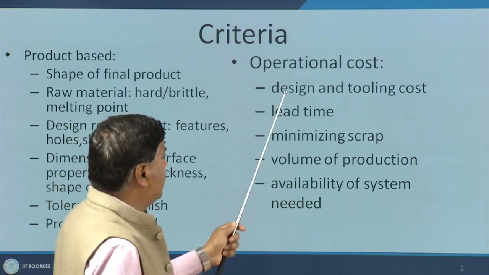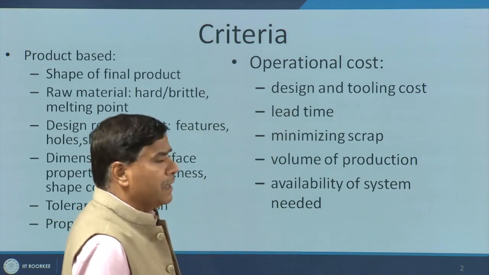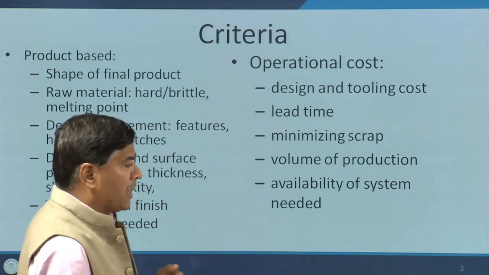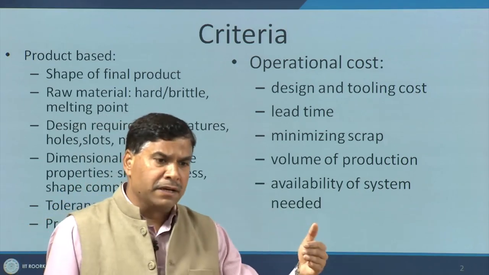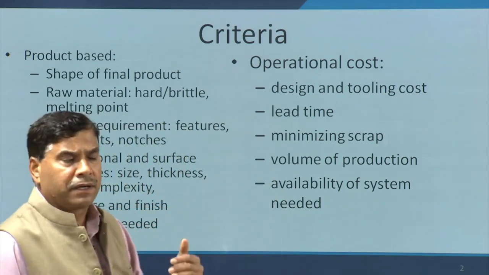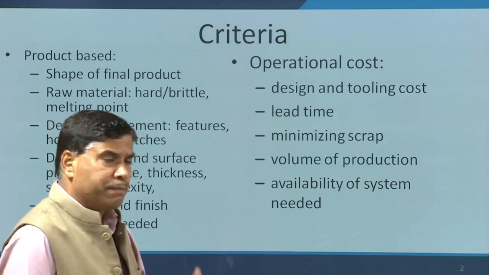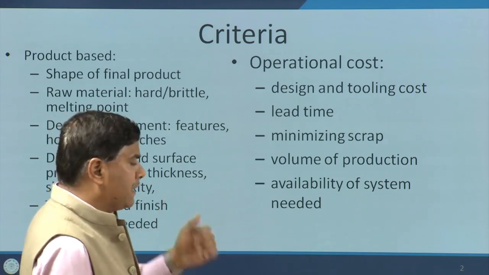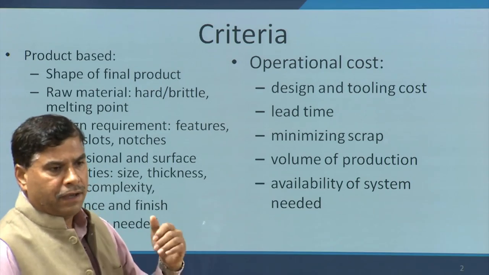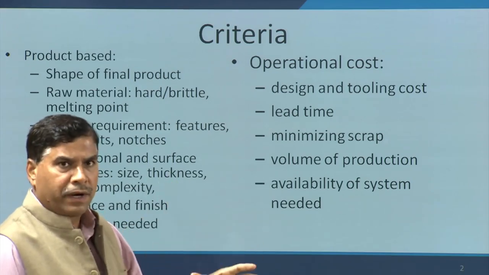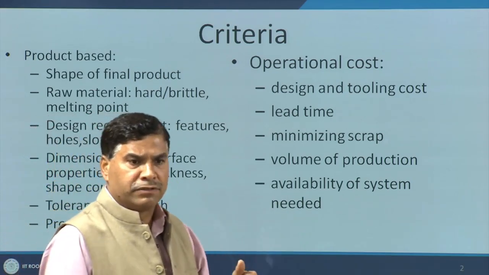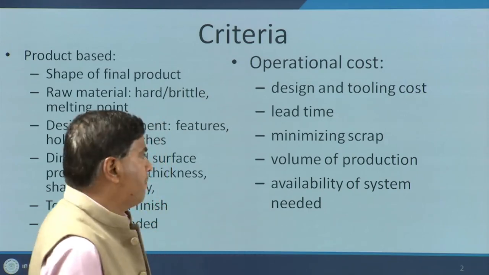So, there are costs related to design and tooling, and then lead time: how much time it will take to get the product after the placement of the order. The lead time is the time required for getting the delivery of the product after the order is placed.